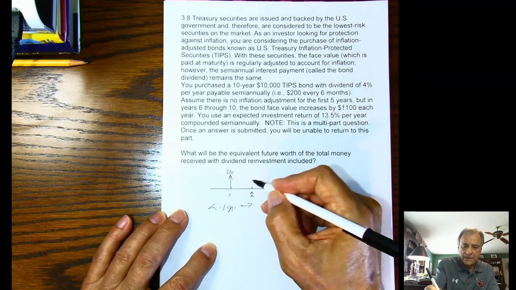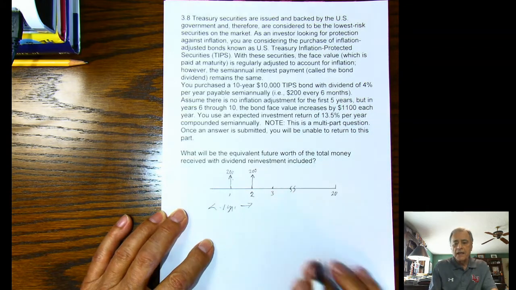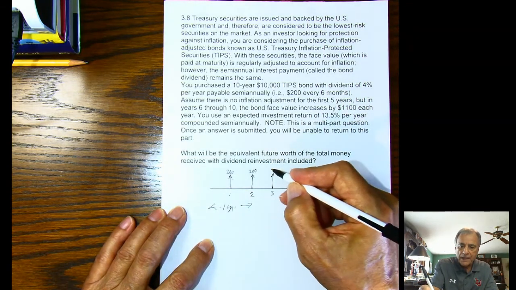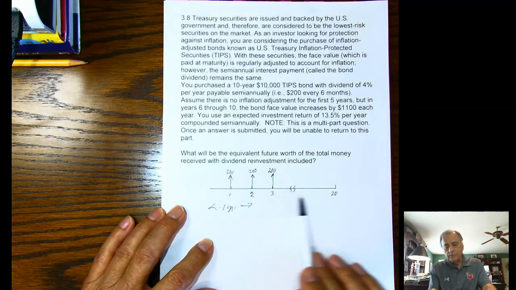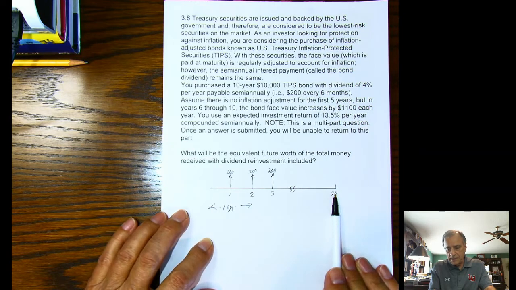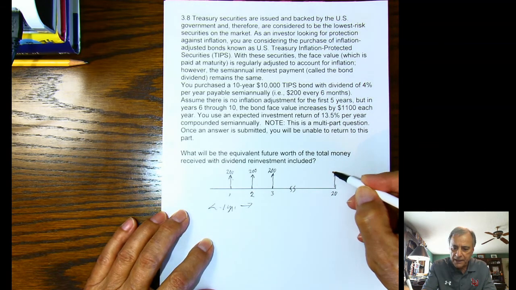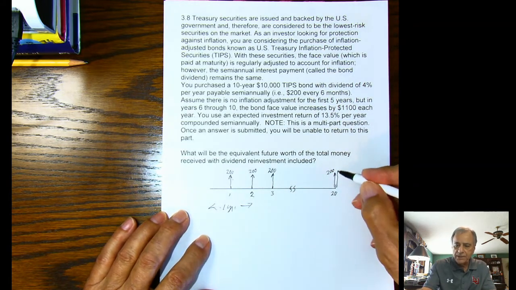At the end of the second 6 months, you get another $200, and that's going to go on every 6 months for the entire 10 years. Now, at the end of the 10th year, you'll get your last 6-month cash flow of $200, and you'll also receive the face value. I'll just call it little f for now.